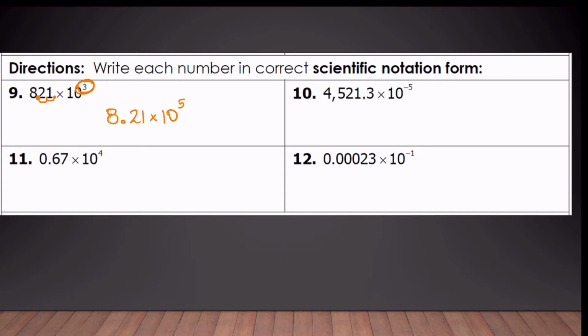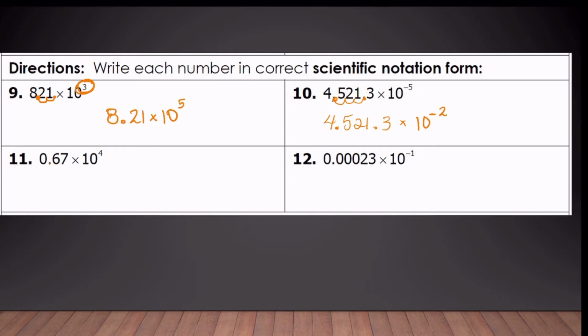Okay, here's my decimal. I'm going to go 1, 2, 3. So technically, ladies and gentlemen, my number was a whole number. So I moved to the left. So left add, but I need to add 3 here, which is going to leave me with a negative.